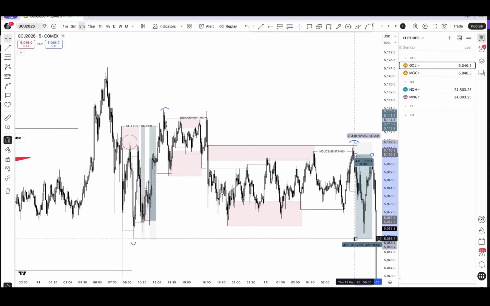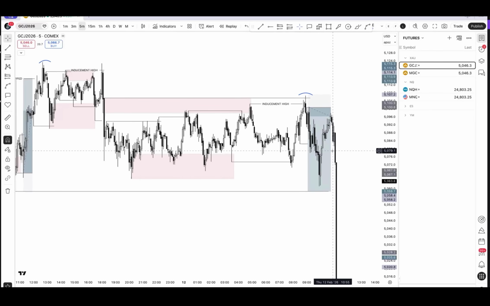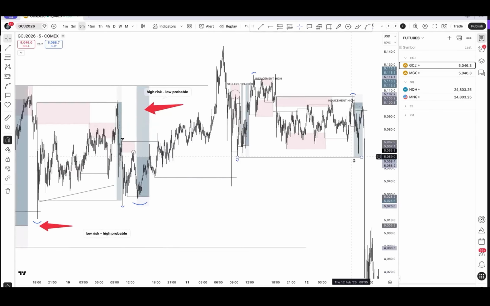Here was my original partial point, and I didn't manage this trade well at all, because once I saw price take out this high, I thought it could potentially take me out at breakeven, so I just closed it. And as soon as I closed out the trade, I saw price die, and I had my higher time frame targets set to these lows as well.